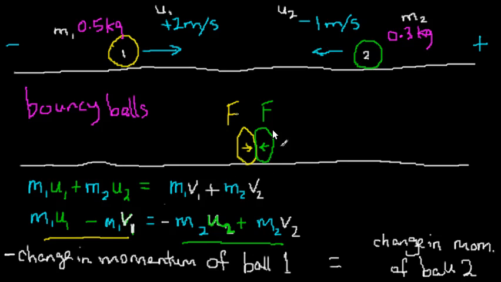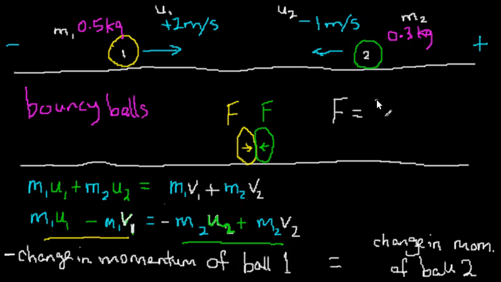What we want to do now is to find out the connection between the force and the change in momentum, and that's something that we can use Newton's second law to tell us. Newton's second law, if you remember, says that force is equal to the change in momentum divided by the time.